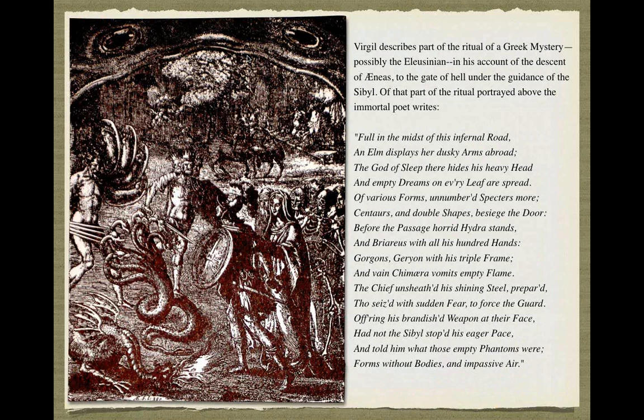Virgil describes part of the ritual of a Greek mystery, possibly the Eleusinian, in his account of the descent of Aeneas to the gate of hell under the guidance of Sibyl. Of that part of the ritual portrayed above, the immortal poet writes, "Full in the midst of this infernal road, an elm displays her dusky arms abroad.